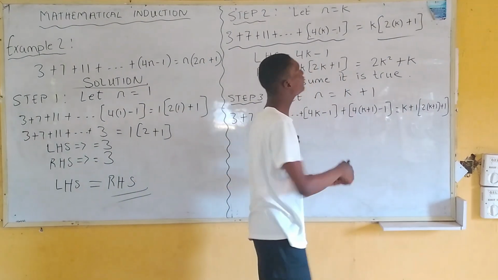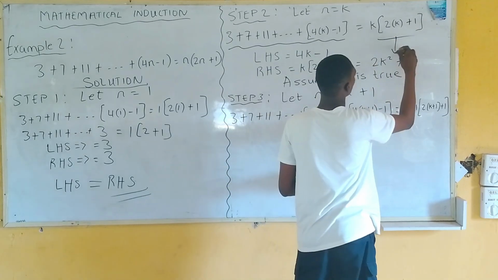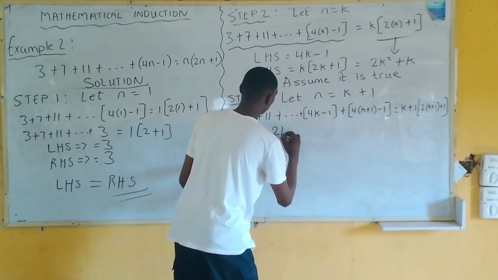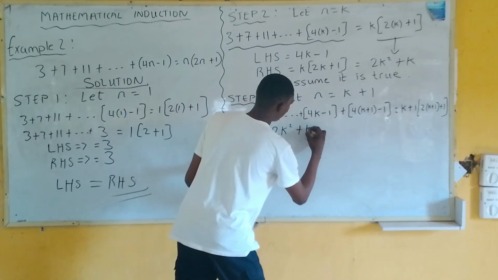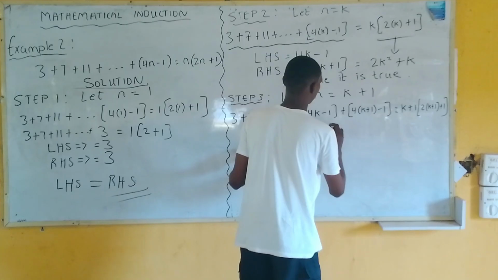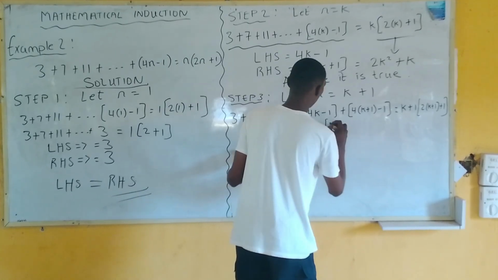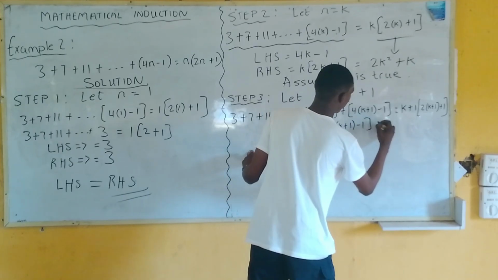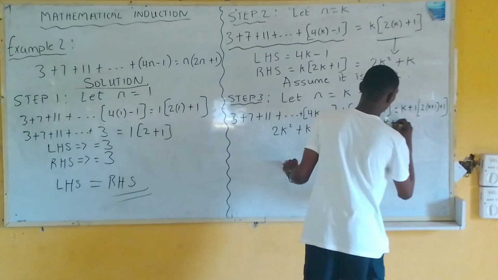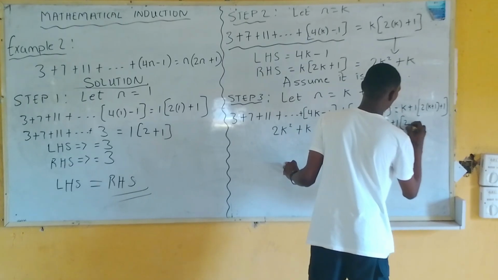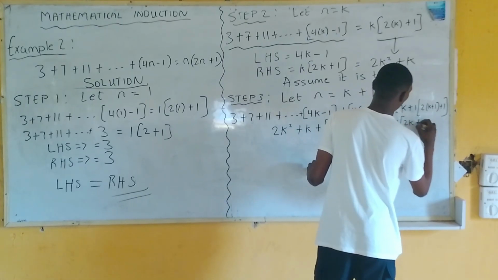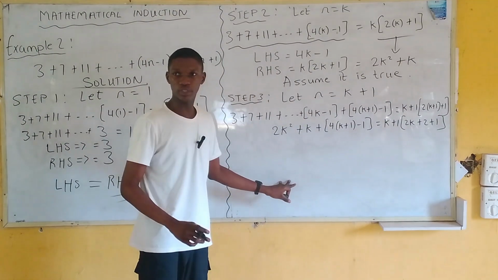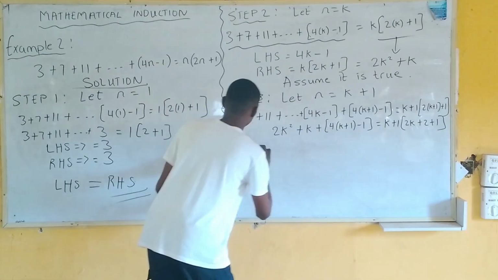And when we did the summation of this, we got 2k square plus k. So we can now write 2k square plus k plus 4(k plus 1) minus 1 is equal to (k plus 1)(2k plus 2 plus 1). Are we together?